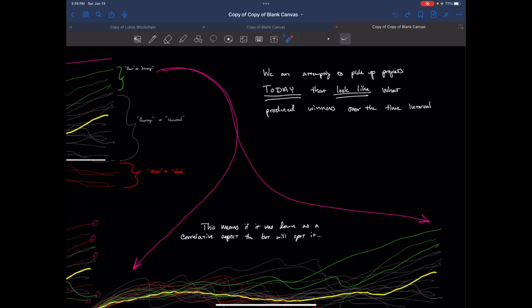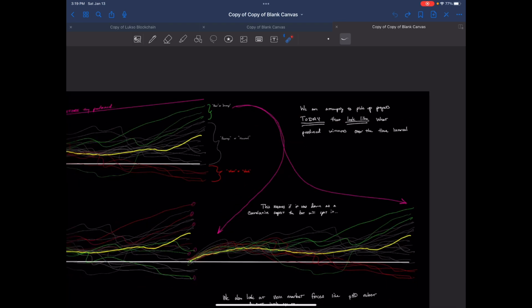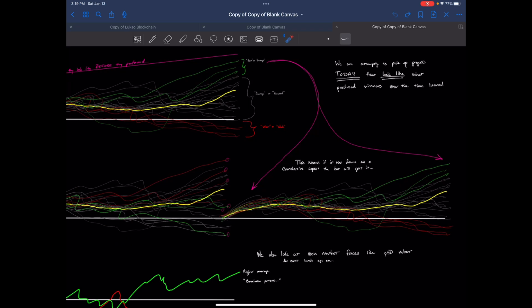So once again, we are attempting to pick projects today that look like what produced the winners over the time interval. The bot is making the assumption that you're entering the market today, right now. That is why there's a bunch of variation and why these projects change. It's saying today, we are entering today.